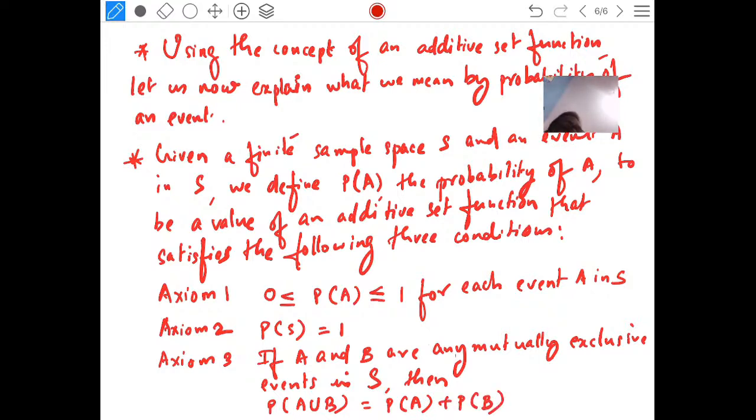So the third one shows the concept of additive set functions, that is P of A union B is equal to P of A plus P of B. Here P of A union B shows the probability of A or B or both, which is equal to probability of A plus probability of B. So which is an additive set function.